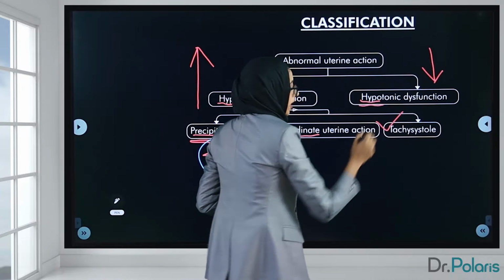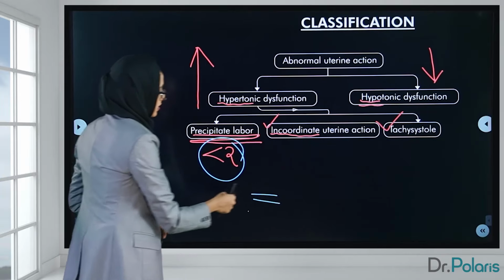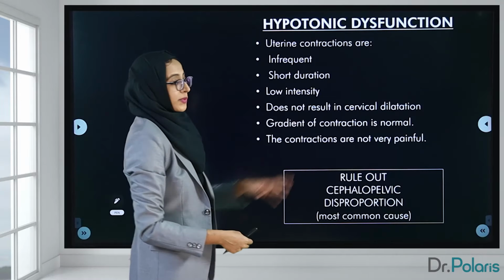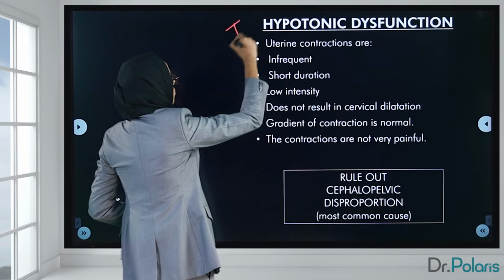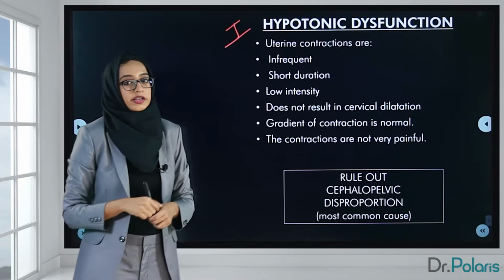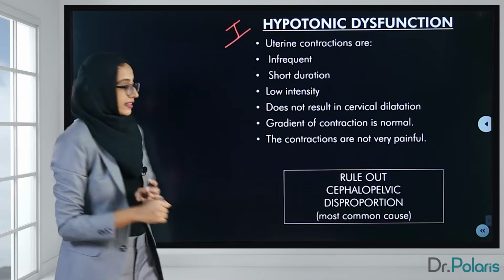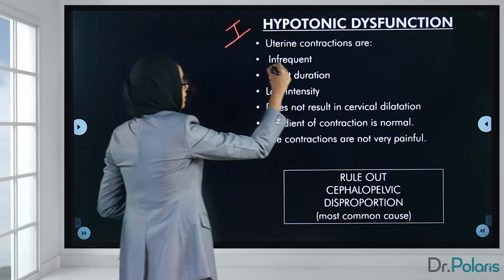On the other spectrum, you have hypotonic, where the uterine activity is less. Let's first start with the easier and less pathological version. You have hypotonic uterine dysfunction. With regards to everything that we mentioned, the frequency, duration, intensity, what are the changes with hypotonic? They are infrequent.